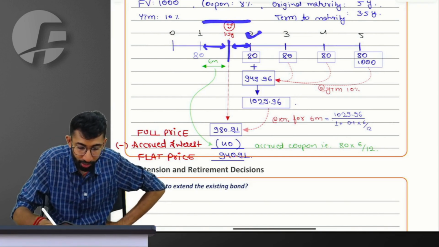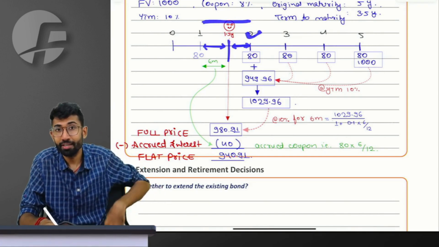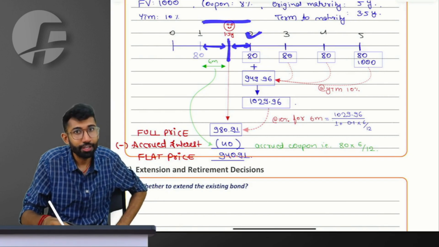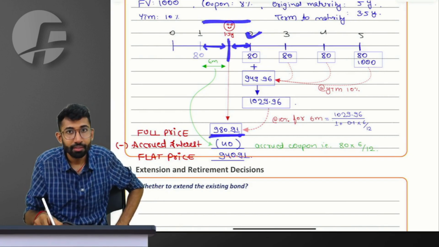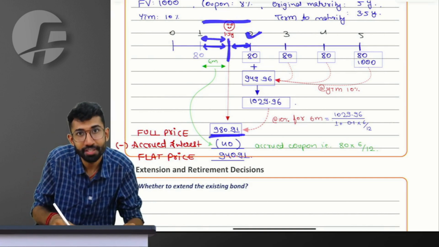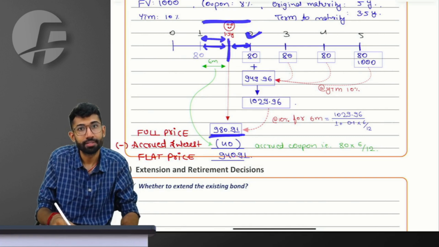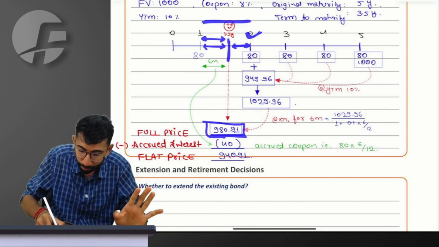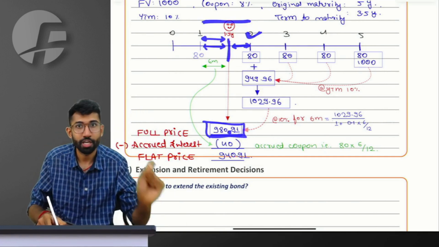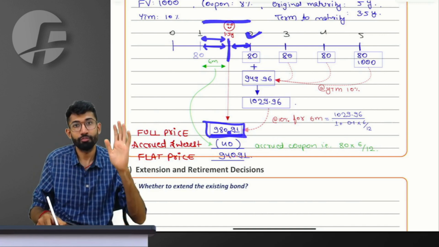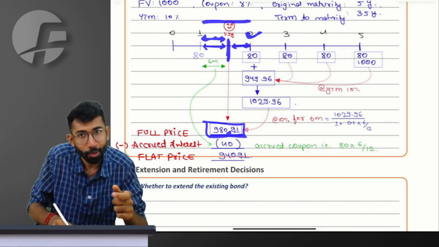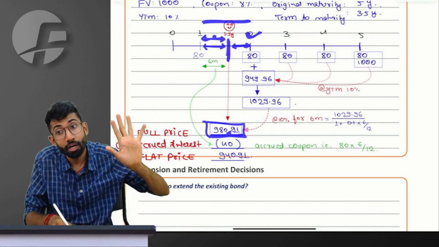Since you are holding the bond at the end of second year, you will receive the entire coupon from the company. But do you realize at the end of 1.5 year, when you pay a price of 980, you are automatically paying him the coupon amount of the first 6 months, which is already included in this. Because the total price you pay is 980.91, that is fixed, based on the principle of present value of future cash flows. But let us try to figure out in this price how much is the amount of accrued coupon which has been accrued to him.